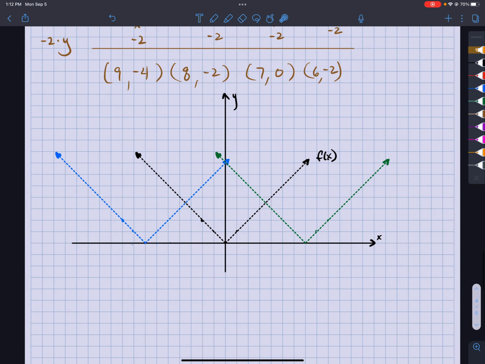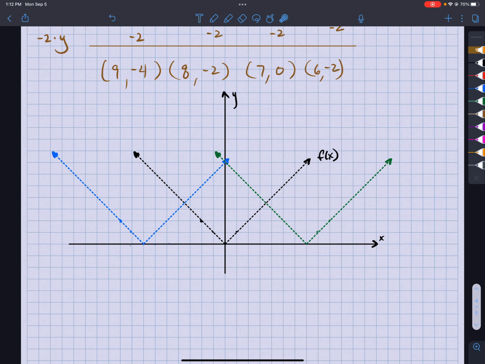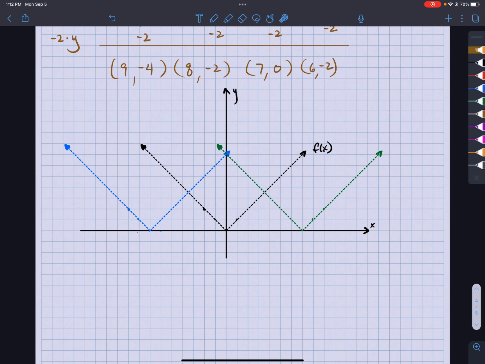The negative is going to flip this, and the 2 is going to tell it to grow taller. When we look at this, here's what happens. It's now 9, -4. So 9, -4 is here, and then 8 is -2, and 7 is 0. So what actually happened was this is happening.